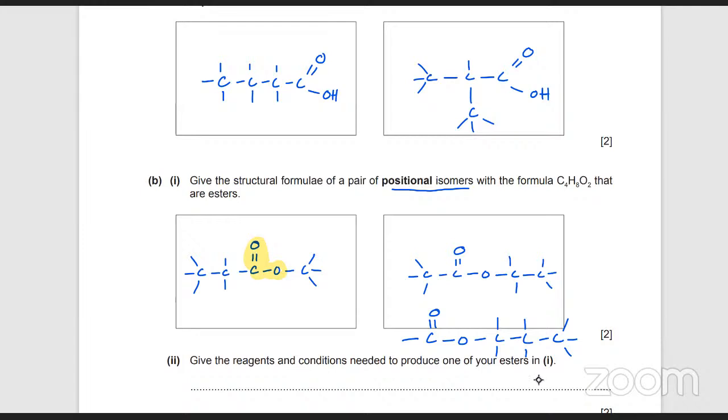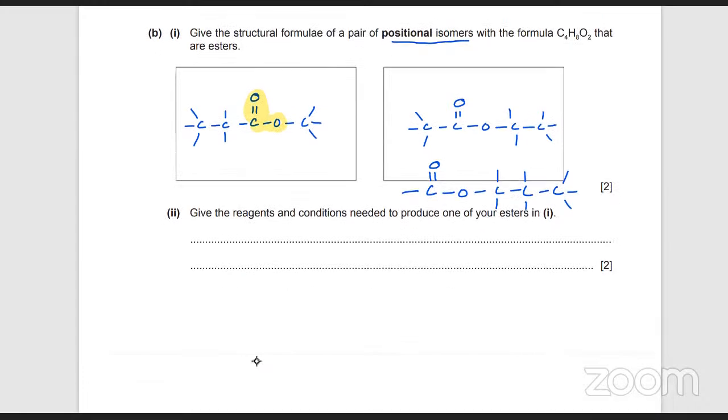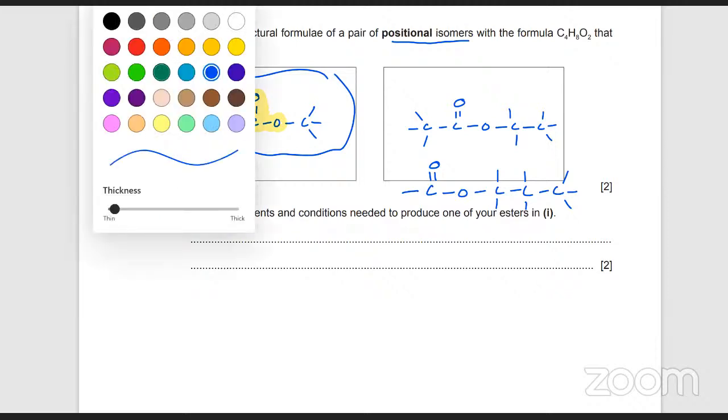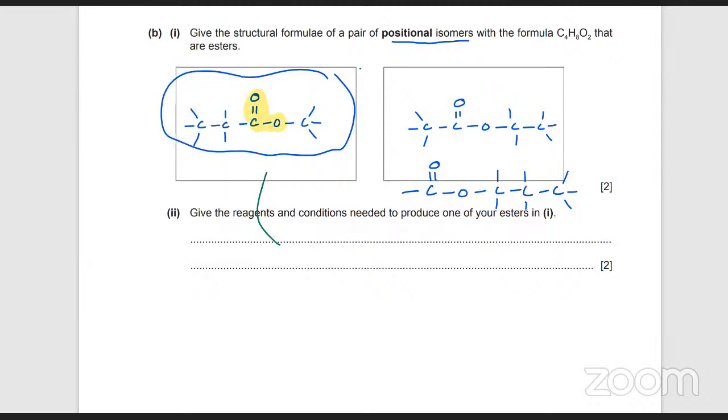Give the reagents and conditions needed to produce one of your esters. For ester formation, what is required? What is the reagent required? Let's say I want to produce this one. So what would be required?